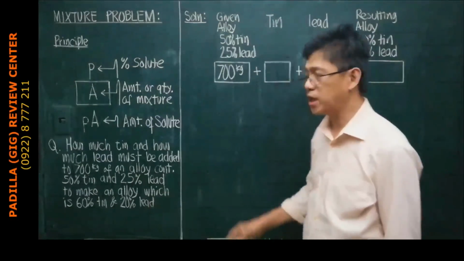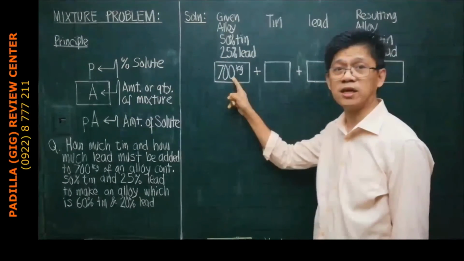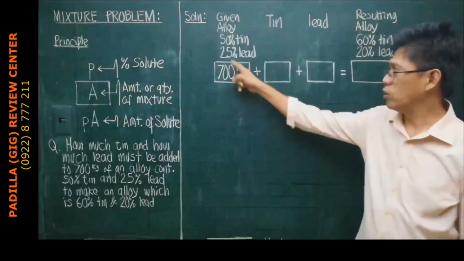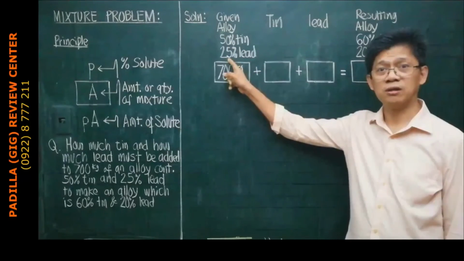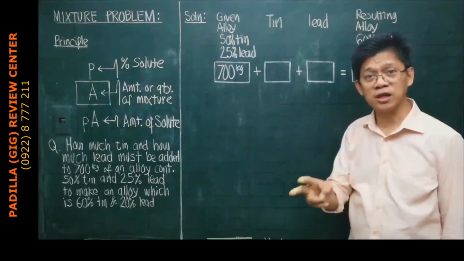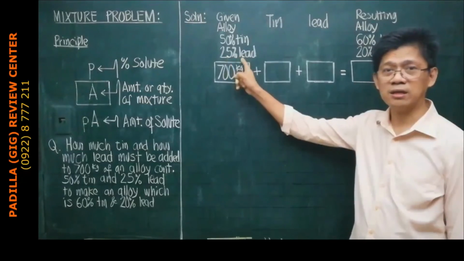So let us represent the given alloy by this box. Inside it, the quantity is 700 kilograms. On top of it, the percent concentration of solutes mentioned. There are two percent concentrations mentioned here, percent tin and percent lead.